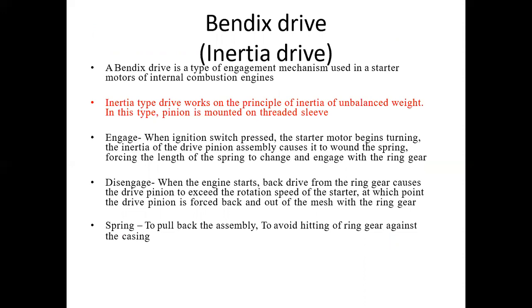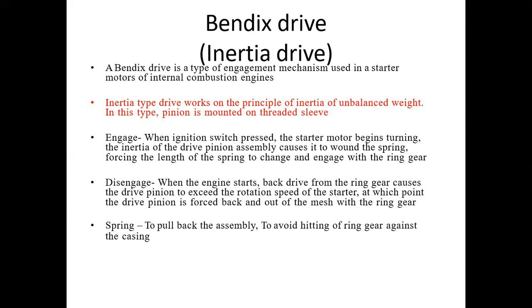It is a type of engagement mechanism used in the starter motor of an internal combustion engine. Engage: when the ignition switch is pressed, the starter motor begins turning. The inertia of the drive pinion assembly acts on the spring, forcing the spring to change length and engage with the ring gear.